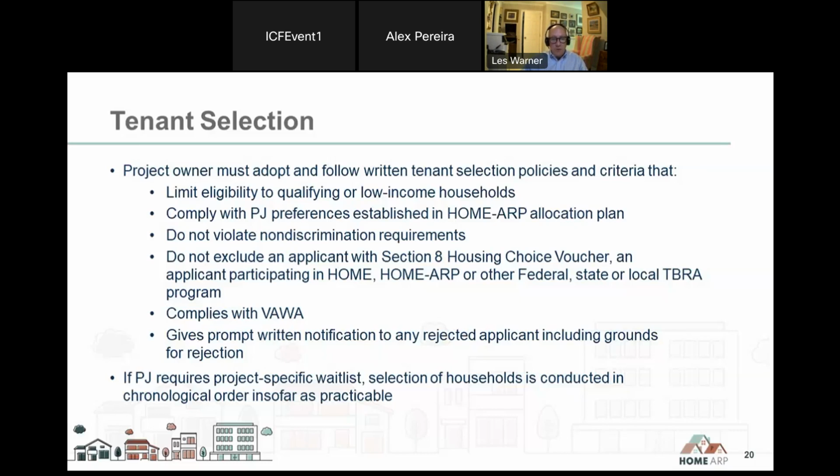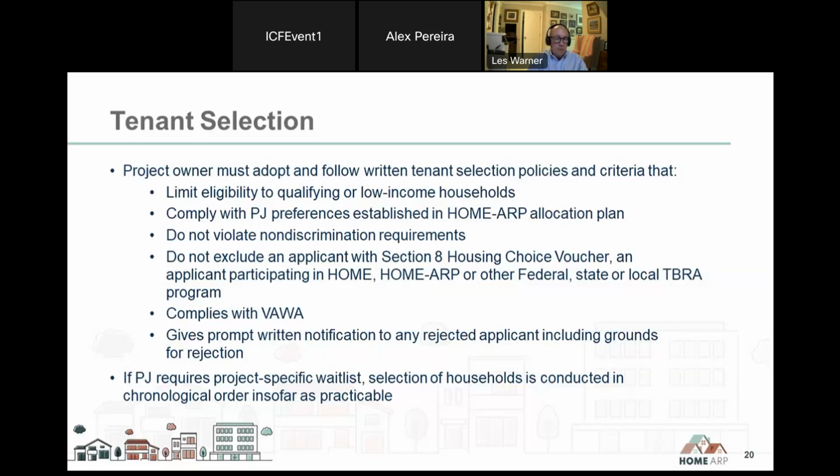And then making sure that we give a prompt notification for anyone that's being rejected on their application, that we not only give them a prompt decision, but that notification would include information to be clear about what was the reason for their application being rejected, and obviously it needs to be in line with your tenant selection policies and criteria that have been laid out.